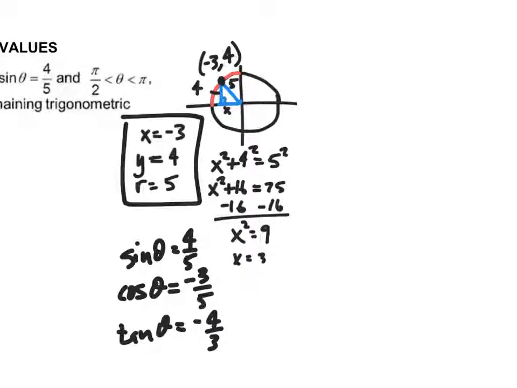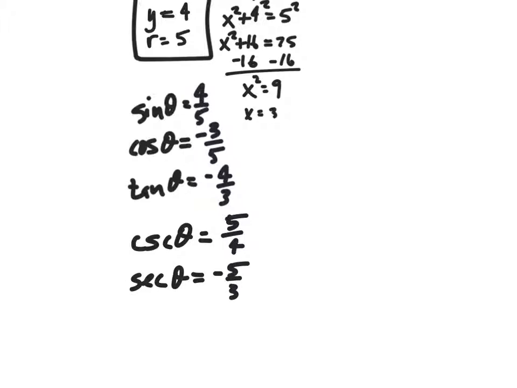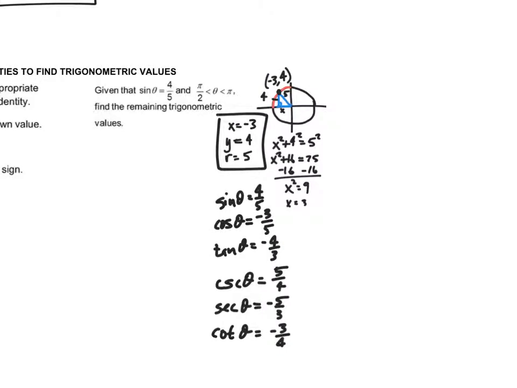If I wanted to find my reciprocal functions, let's start with cosecant since we started with sine. That's going to be 5 fourths. If I wanted to find secant of theta, then that would simply give me negative 5 thirds. If I wanted to find cotangent of theta, then that would give me negative 3 fourths. So we can do it that way, and that would be how I would do this normally.